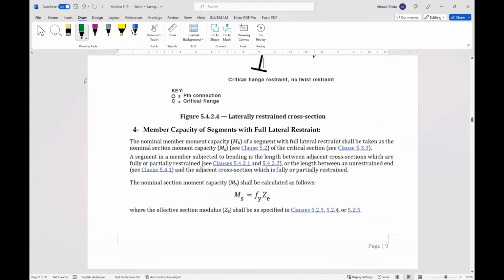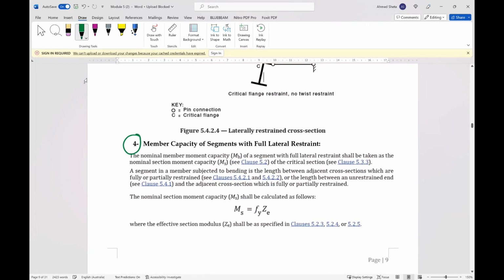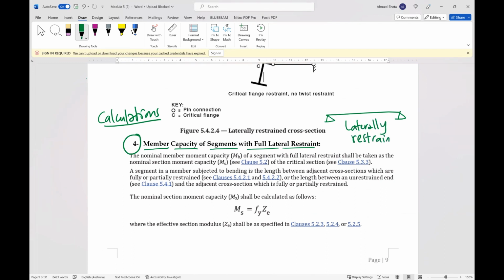Okay, so here is the first part of our calculations. We are looking at the member capacity of segments restrained against displacement and rotation, and could be not.